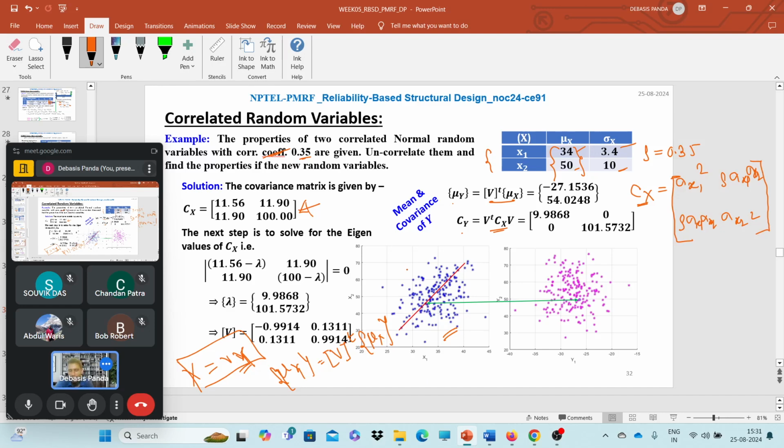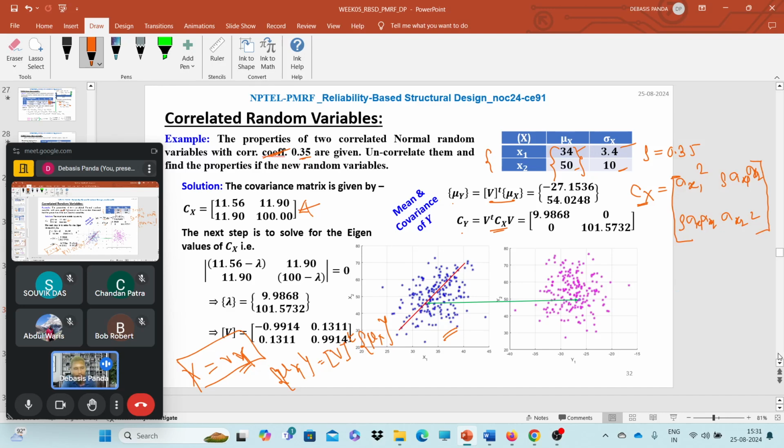So what happened is we just uncorrelated the correlated form. That decoupling is done here.